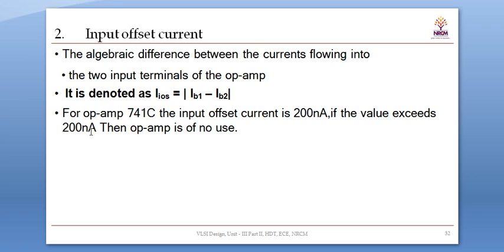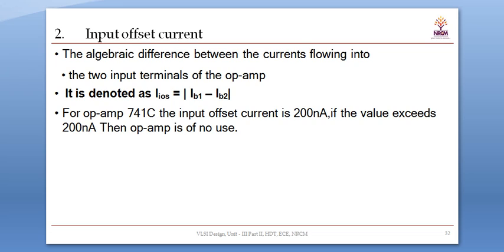Generally the value of IIO is 200 nanoampere. If the input offset current is greater than 200 nanoampere, the op-amp is of no use; we throw it out, because the op-amp is damaged. So it must be less than 200 nanoampere.